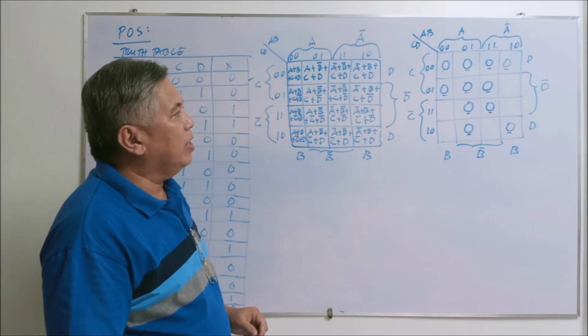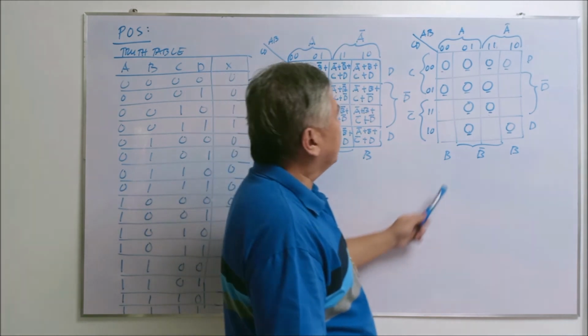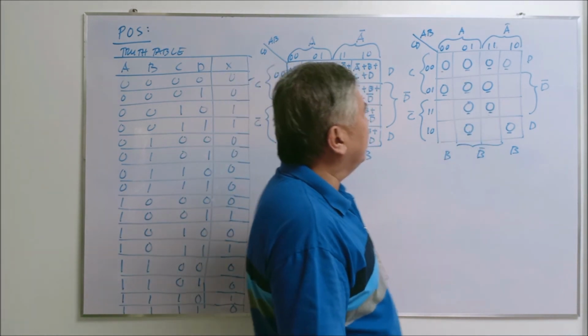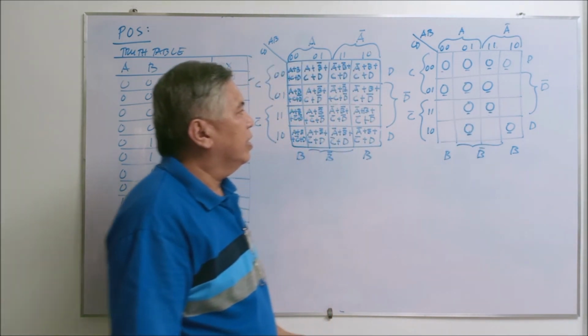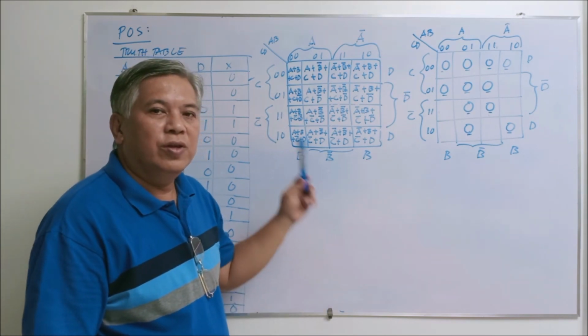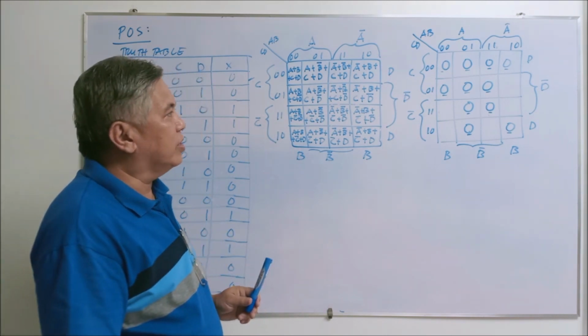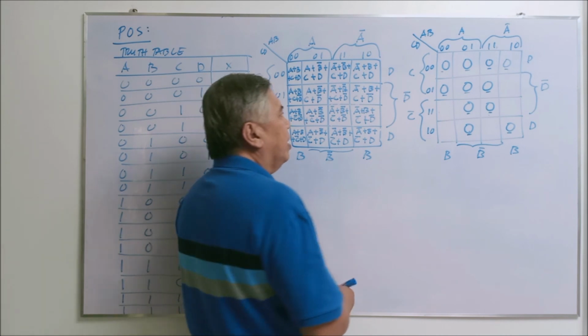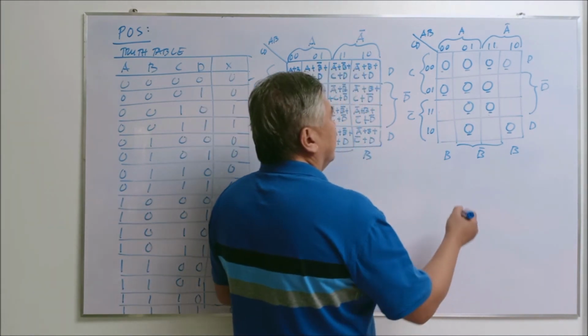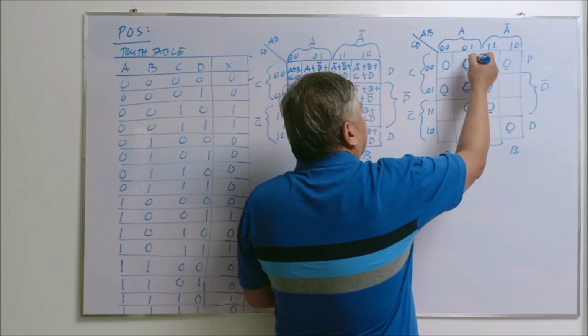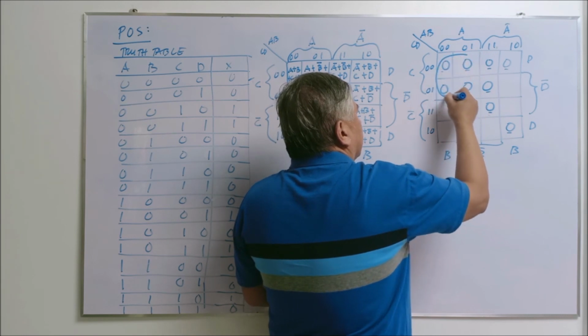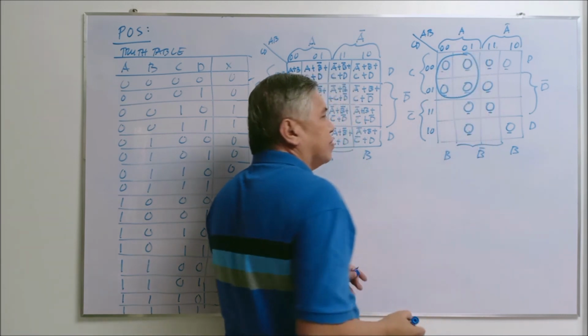So, we find 8 adjacent cells. We don't have 8 adjacent cells, so we go to 4 adjacent cells. Okay? So, we have here 4 adjacent cells. First is this one, square.